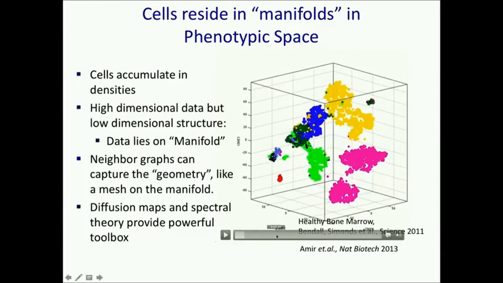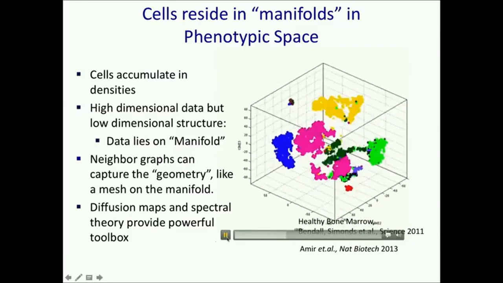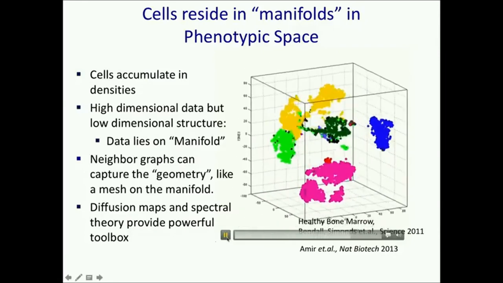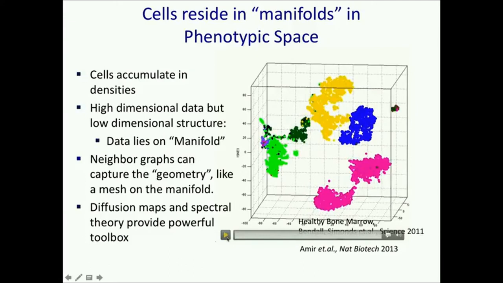This is the work with Gerry, the first Saitov paper, and you really see that the cells form very distinct low-dimensional structures. Neighbor graphs allow us to build a mesh to capture and model the structure of this space, and it's one of my favorite ways to approach these. There are a lot of tools and math from diffusion maps and spectral theory that can help us engage with these neighbor graphs of cells.